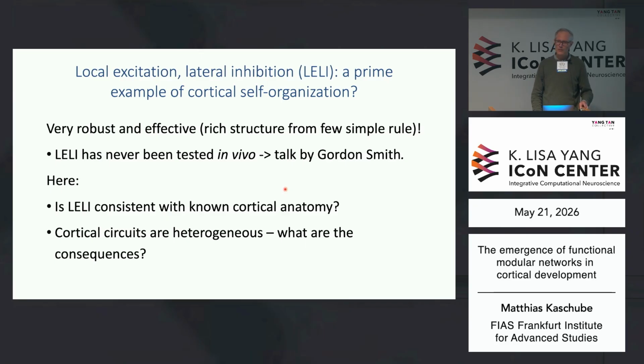So cortical circuits are not as nicely homogeneous as we often like to model them. It turns out that heterogeneity in the local connections has interesting consequences, and I would like to discuss these consequences. So first I start with Lilai and whether it's consistent with cortical anatomy.